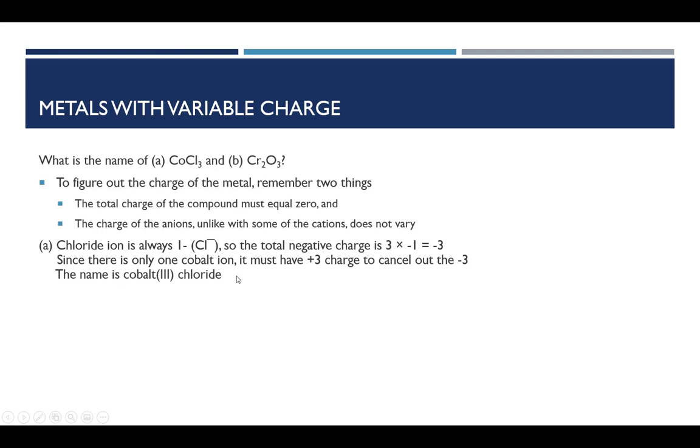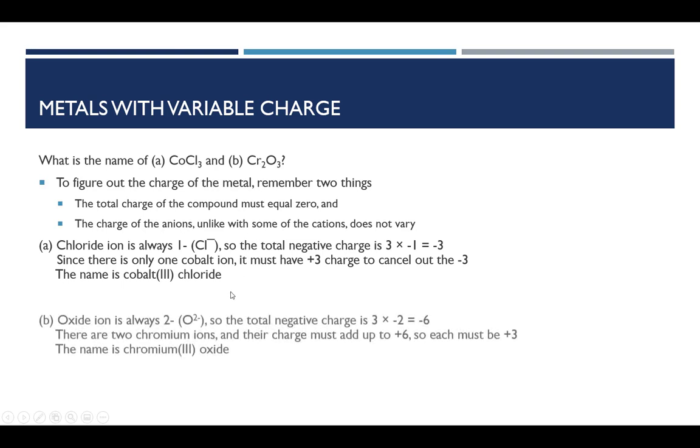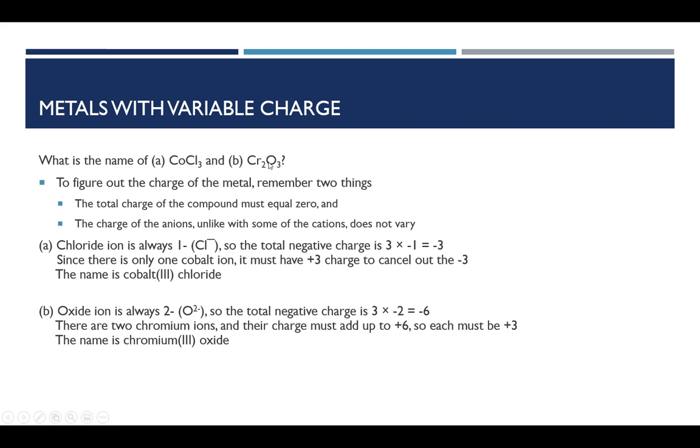B might be a little bit trickier. Well, we start off with the oxygen. Oxygen always has a negative 2 charge. So we have 3 of them, so 3 times negative 2 would be a negative 6 charge. So the 2 chromiums are going to have the same charge that adds up to positive 6.